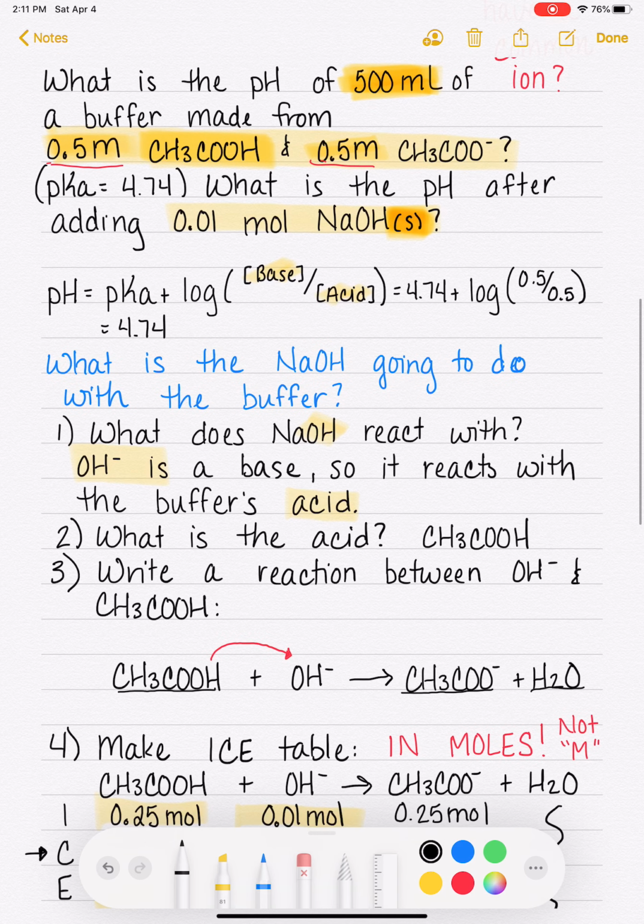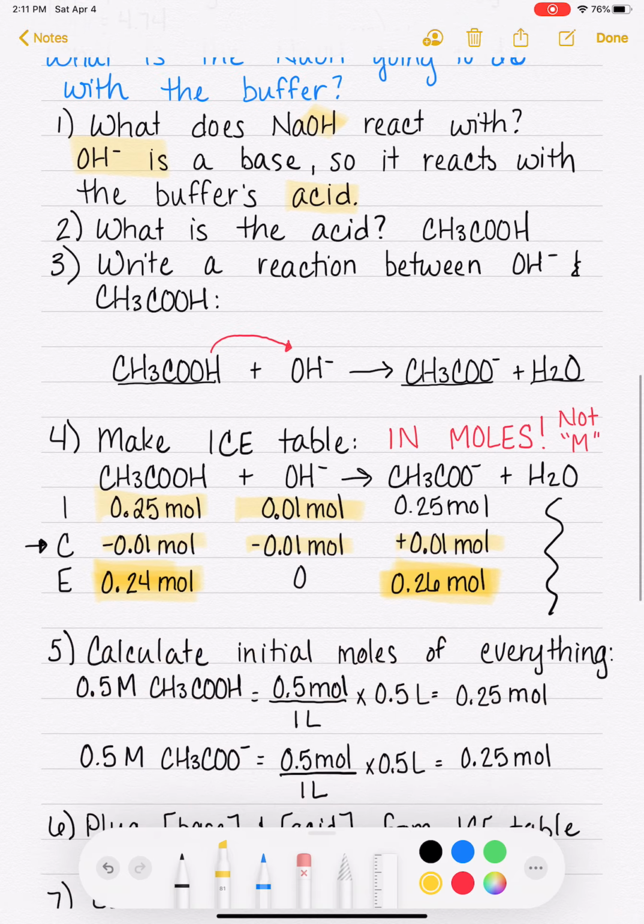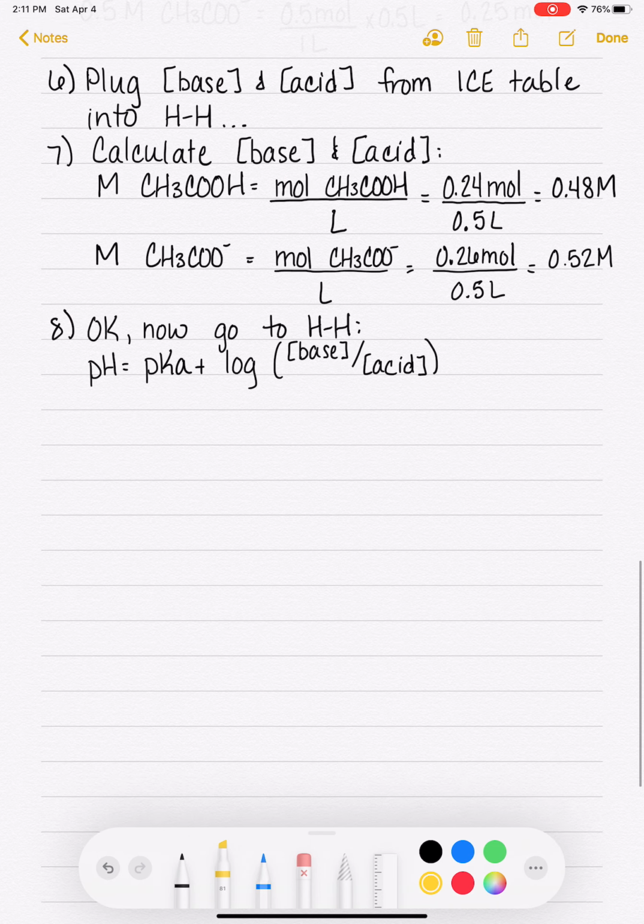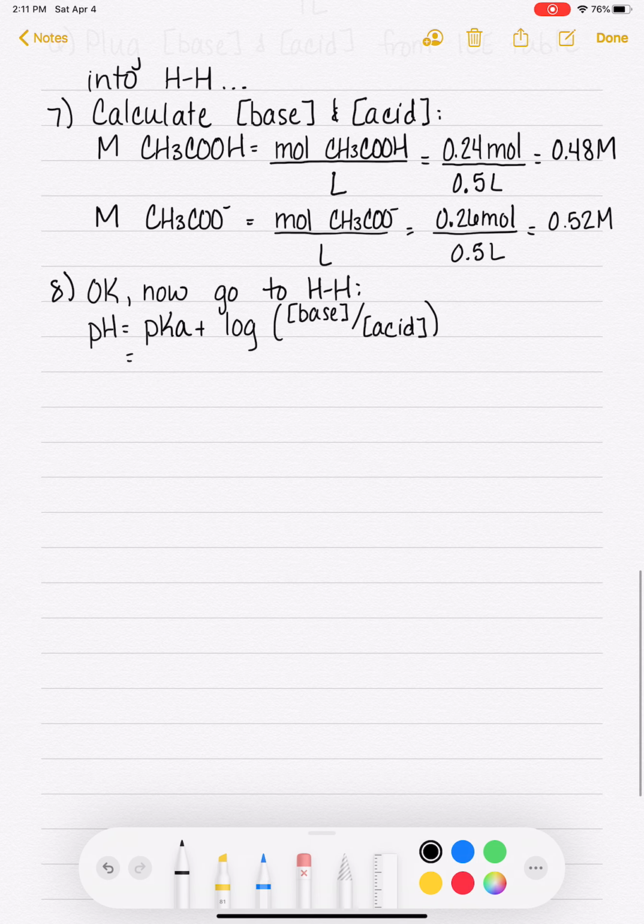It gave us the pKa, so the pKa is 4.74, so we can plug that in. 4.74 plus the log of the concentration of our base, which is 0.52, over the concentration of our acid, which is 0.48.